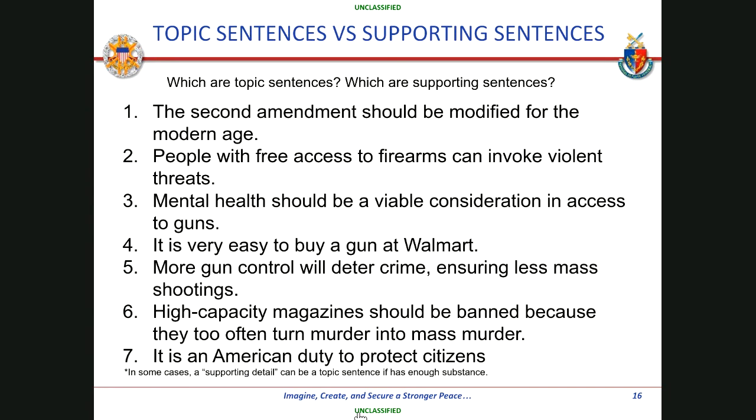Number 6, Gwendolyn, can you read number 6? High-capacity magazines should be banned because they too often turn murder into mass murder. Let me see. Maybe some people say supporting sentence. Oh, why? Yeah, why?